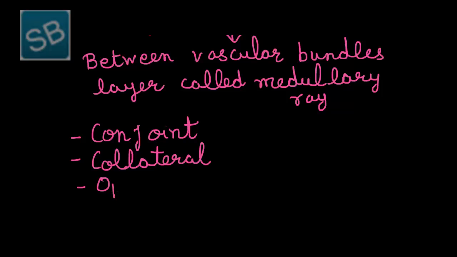That is, in such a vascular bundle of a dicot stem, both xylem and phloem are present, that is conjoined, where the phloem occurs radially outside the xylem, which is collateral, and possesses cambium, that is open. Such vascular bundles occur only in dicot stem.